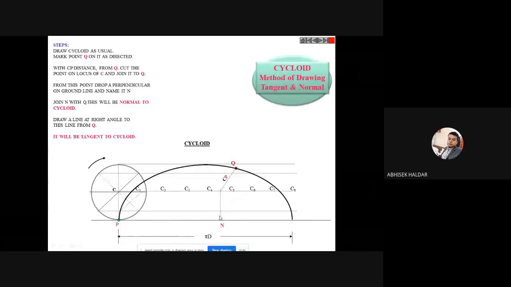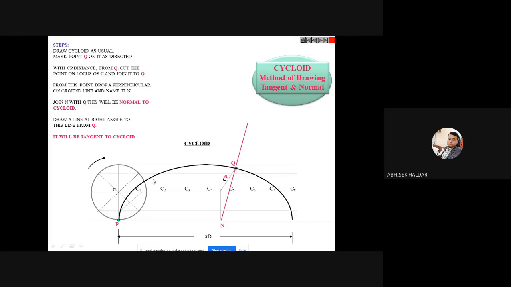Okay, thank you. Once I get this point n on this straight path, take your scale, join this point n to point q, and extend a bit. So this pink line is nothing but the normal to this cycloid curve at this particular point q.